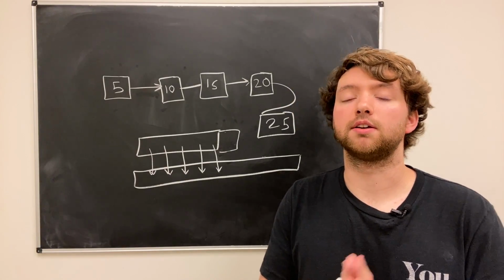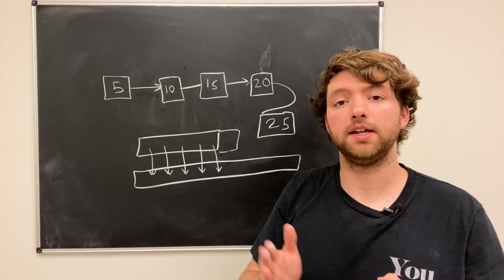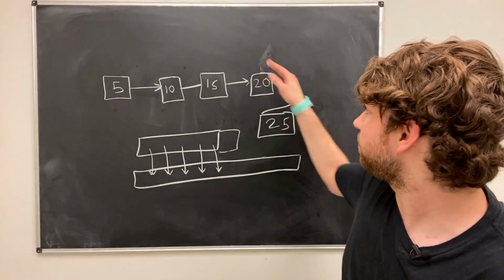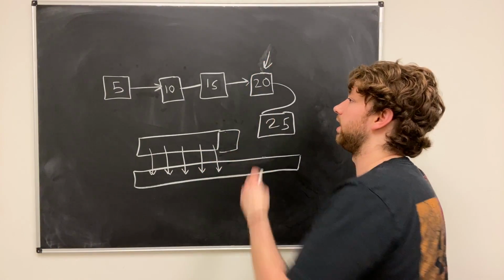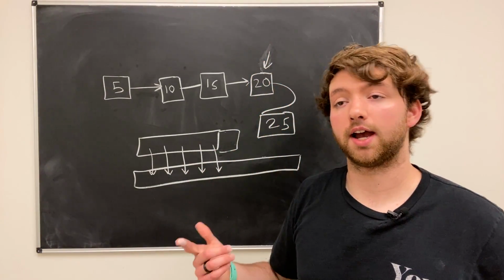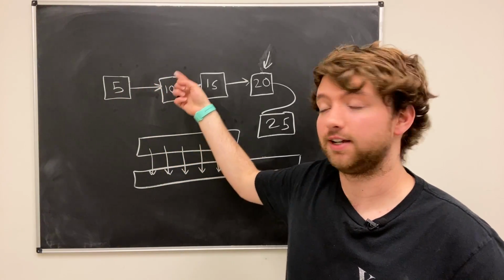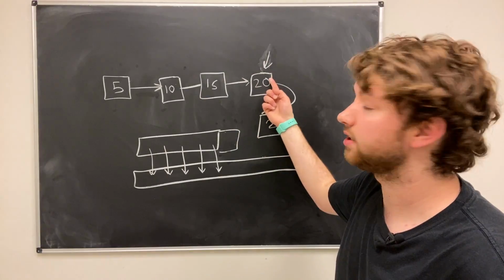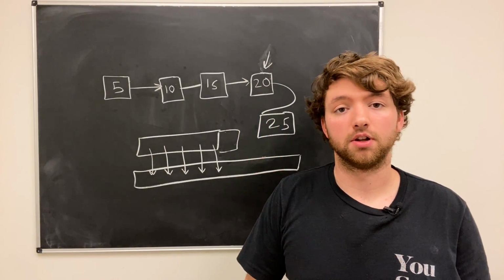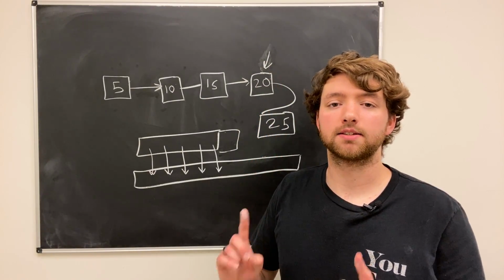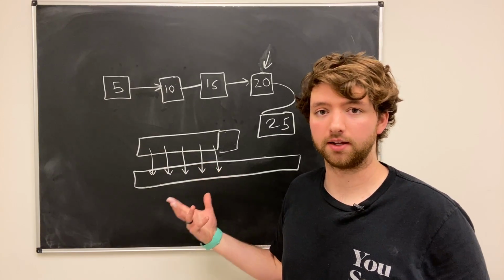Now, here's a big consequence of a linked list. It's a chain. So if I wanted to grab this element right here, I actually have to start at the beginning, go to the next element, and keep doing that until I get here. That's a very slow operation, and that is something you don't have to worry about with arrays.